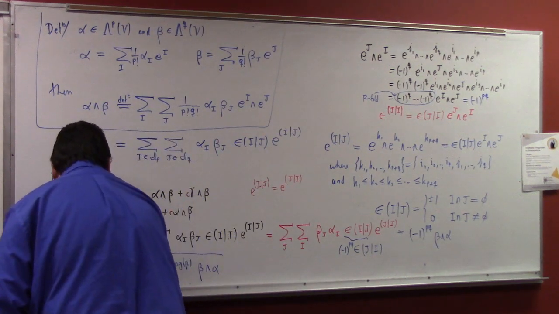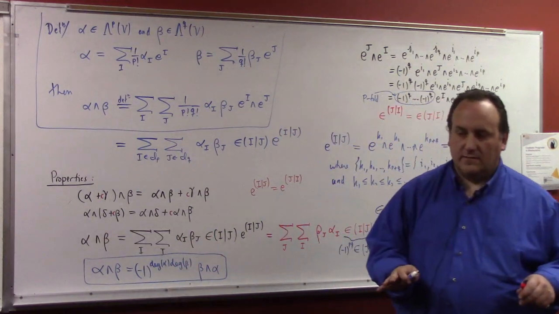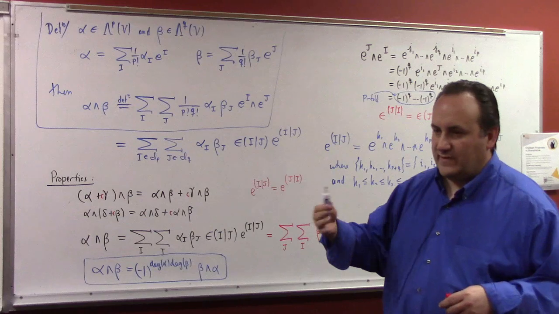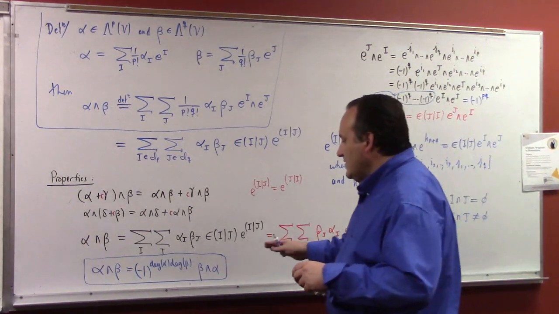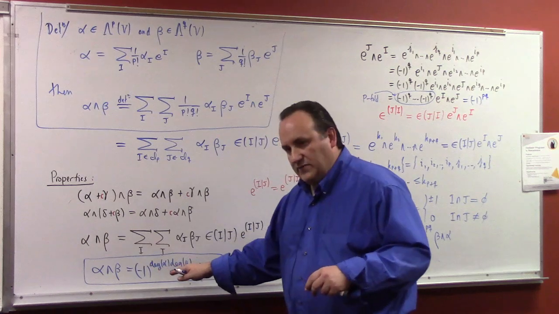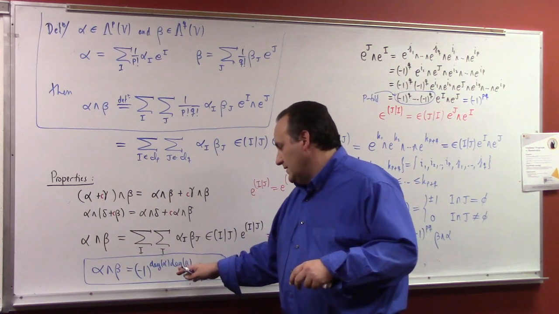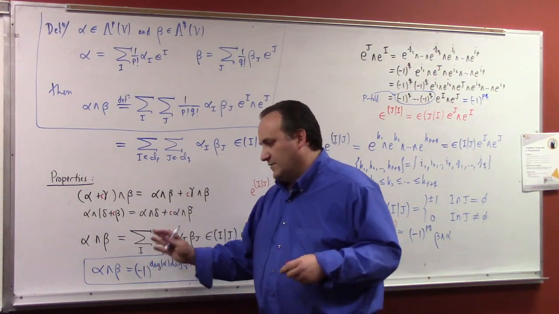So what this means is that the wedge product of a p-form with itself is not automatically 0. Notice that when we have an even degree form, like if I have a 2-form, so like if this is 2 and that's 2, I'd have minus 1 to the 4, right?